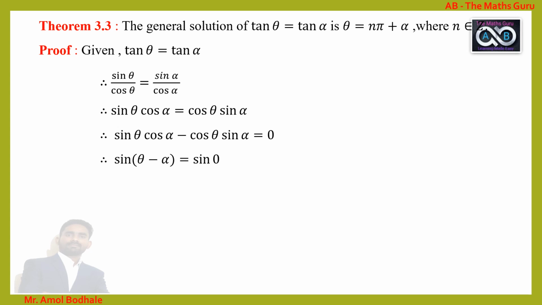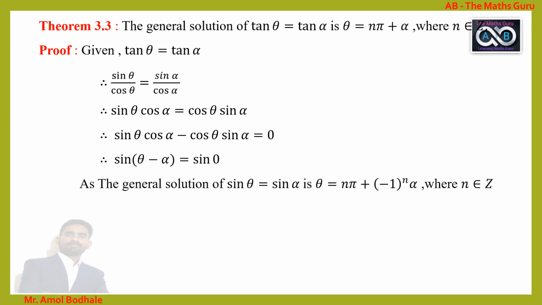Now we can compare this statement with the first theorem, that is sine theta equal to sine alpha. The general solution of sine theta equal to sine alpha is theta equal to n pi plus minus 1 raised to n times alpha. So if we compare both statements, here theta is exactly theta minus alpha and alpha is exactly 0.